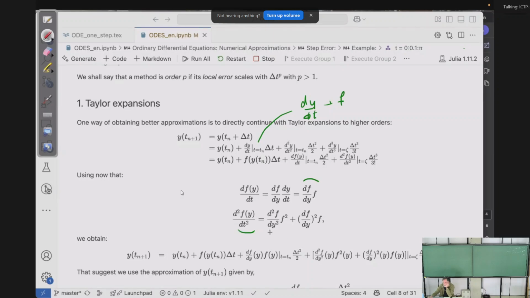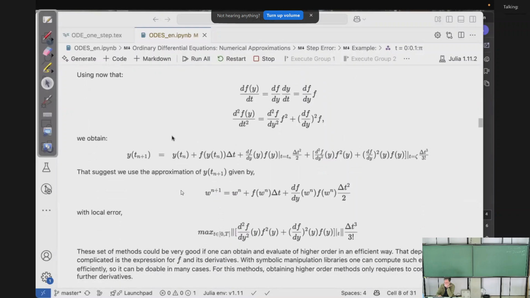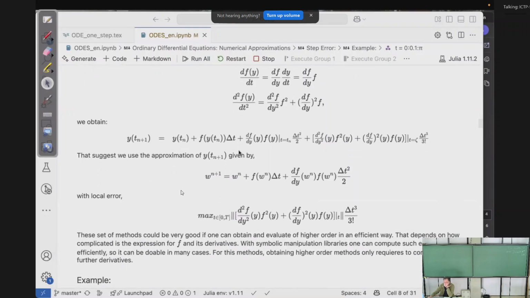So you have a second derivative times f squared, and then you have a first derivative squared times f. So if we put all these calculations inside here, what you obtain is this one.